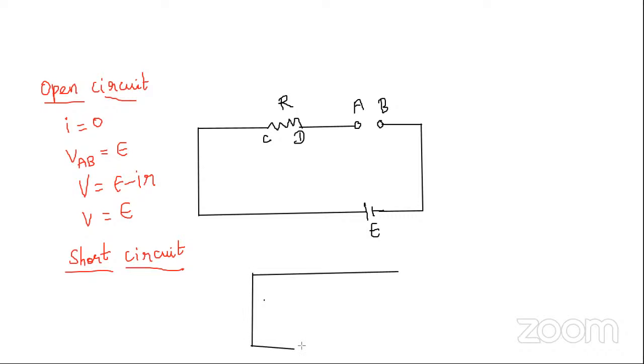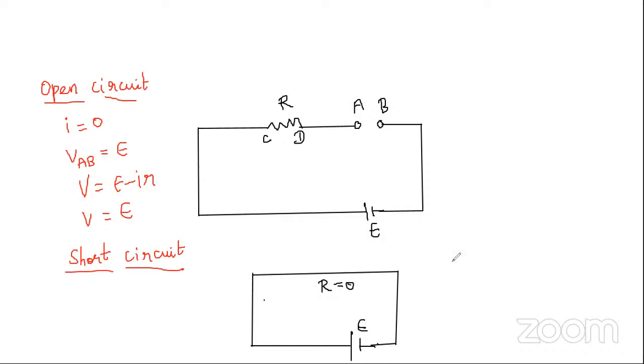Here you have just the cell alone, of EMF E, and you don't have any external resistance here. So the external resistance R equal to 0. This is called short circuit.